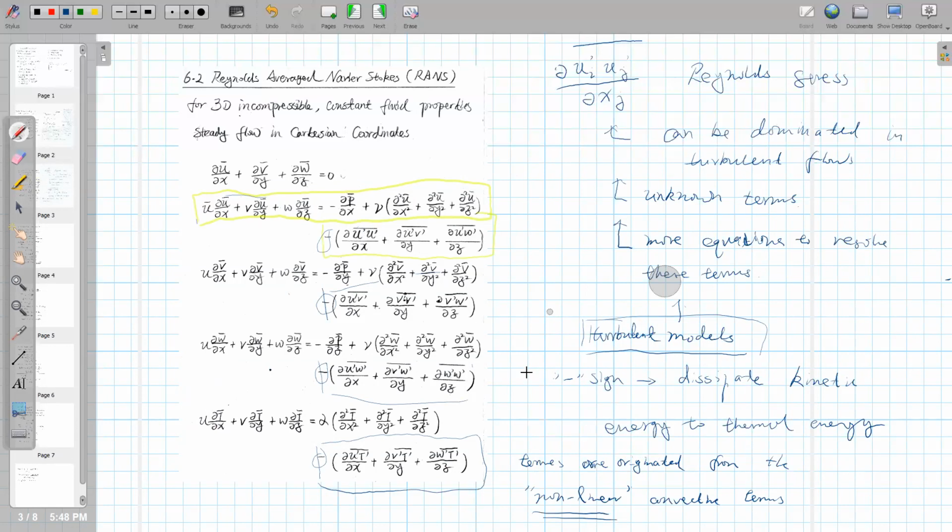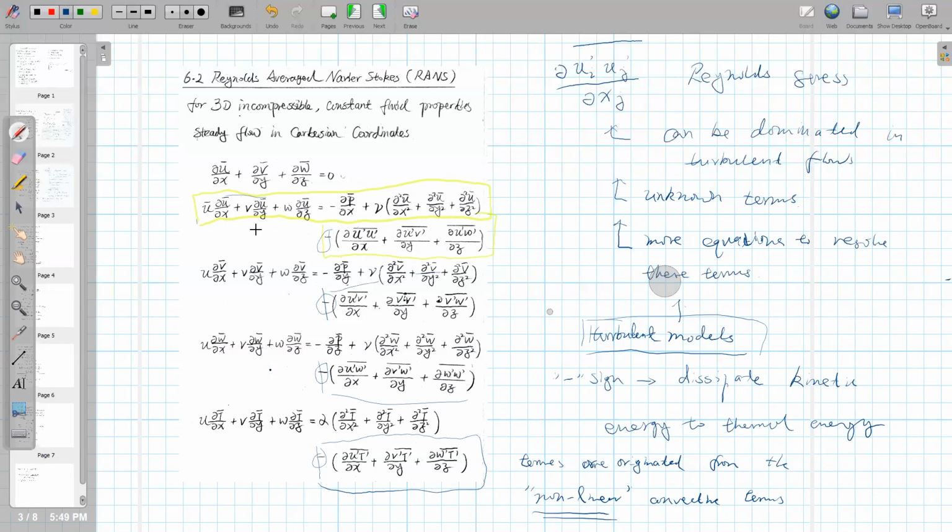So what I mean is that this additional Reynolds stress term arises because of the nonlinear behavior of the convective term. That's making it very difficult to solve. If it were linear, we could solve it immediately.